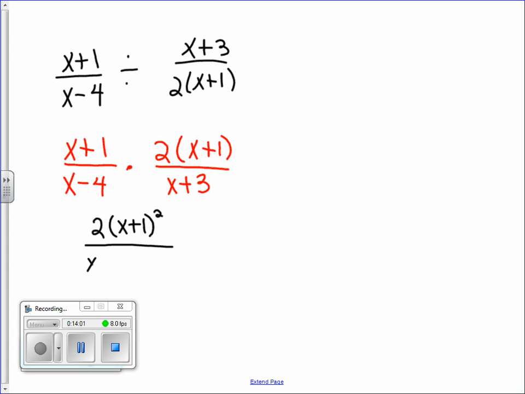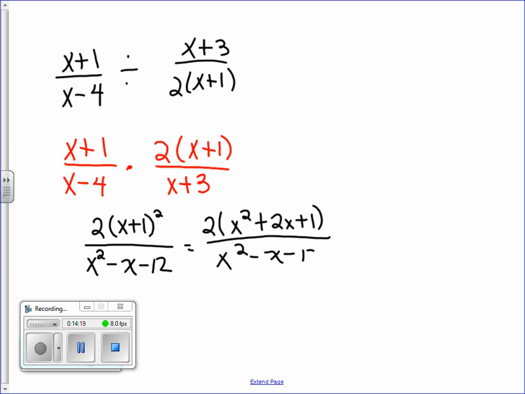It's going to be, if you multiply it out, it's x squared minus x minus 12. If you multiply the top. Yeah, because I think if anything's going to cancel out, it would have already canceled out.